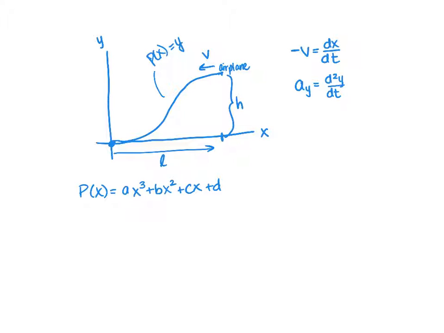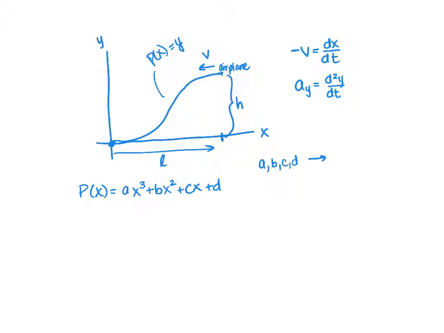So they're saying that you want to describe the curve by this cubic function. And basically, your first job is to try to figure out what all these constants are: A, B, C, and D. Because you want to write them in terms of things that you know about the problem.